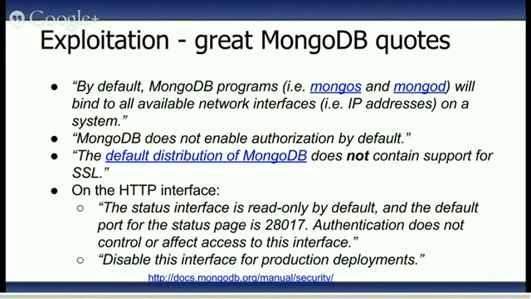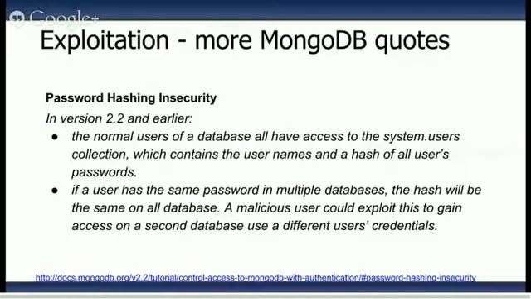No authentication. And another interesting point was the status port is always 1,000 higher than the daemon that's running. So if the daemon port happens to be public, minus 1,000, and even if there's a firewall in the way, that's the port that you need to be looking at for attacking it with things like CSRF. So, attacks within the perimeter. 2.2 had a hashing vulnerability.